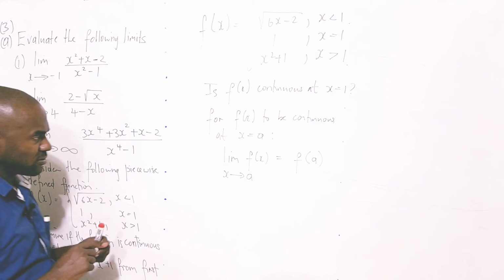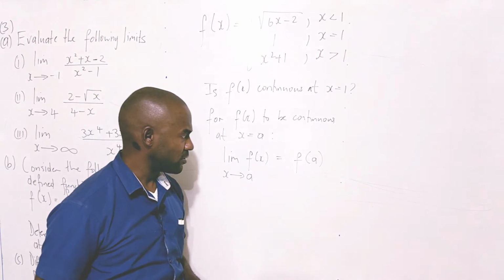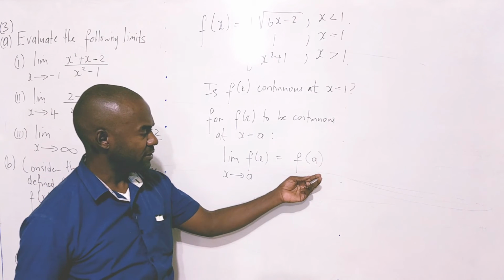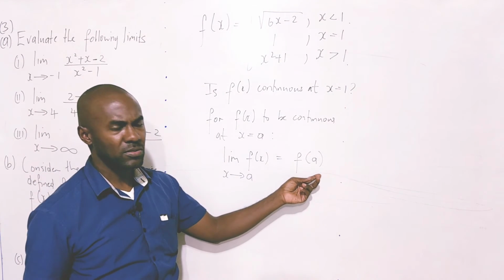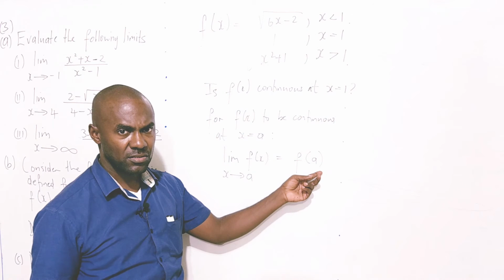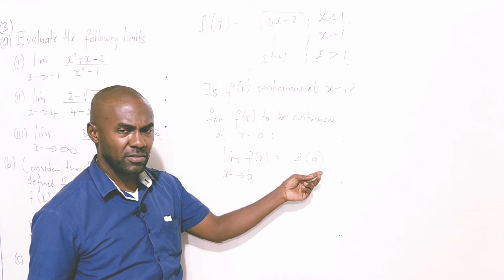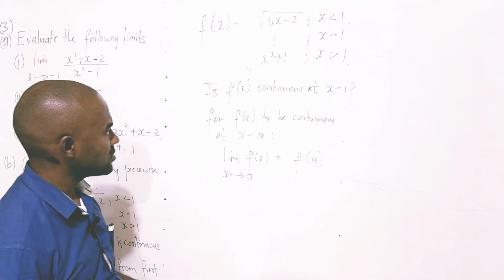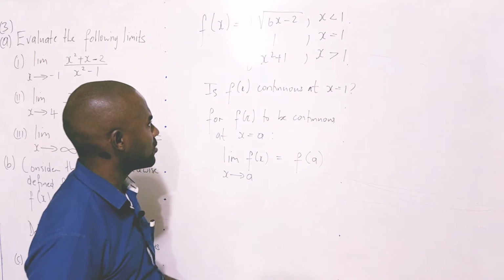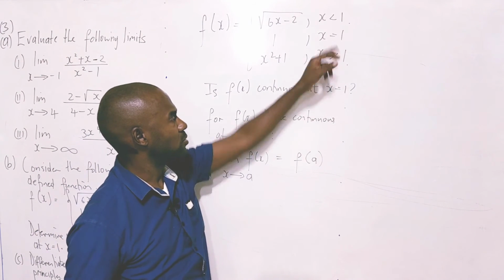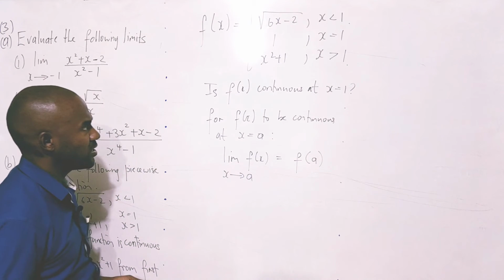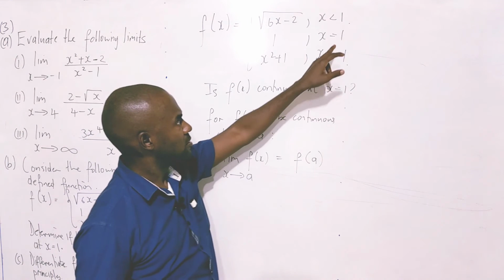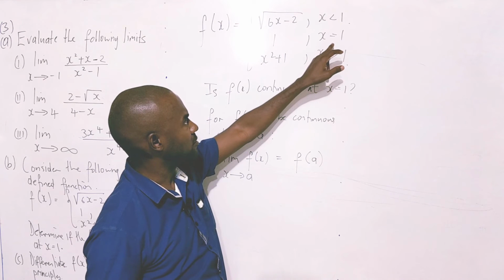Now, looking at this requirement, first of all, f of a. For the function to be continuous, f of a must exist. In other words, the function must be defined at x equals a. In this particular case, we want to check if the function is continuous at x equals 1. So the first question we ask is: is f of 1 defined?